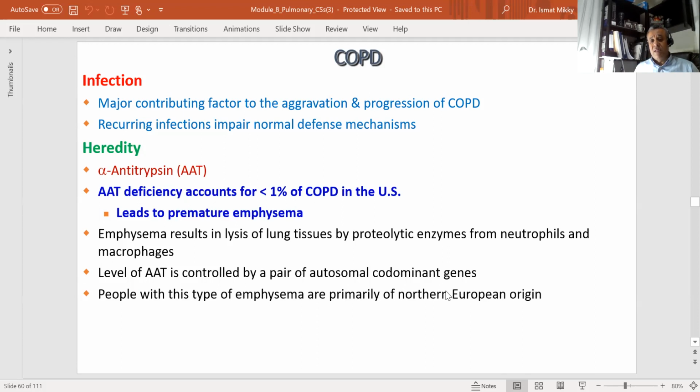Normally the alpha antitrypsin is produced in the liver and normally found in the lungs. And the AAT deficiency will lead to premature emphysema, which means COPD.